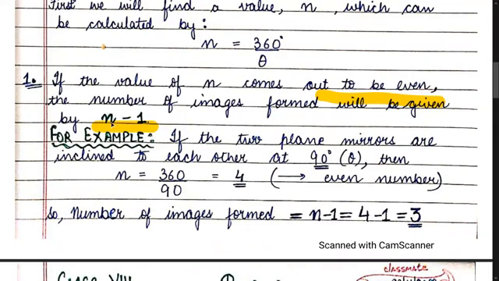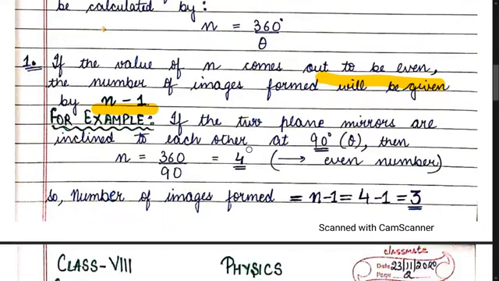Now let us understand it by an example. If the two plane mirrors are inclined to each other at 90 degree, then n will be equal to 360 divided by 90, which comes out to be 4. It is an even number.